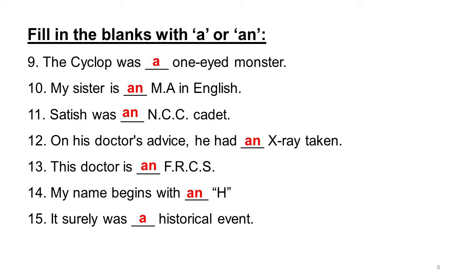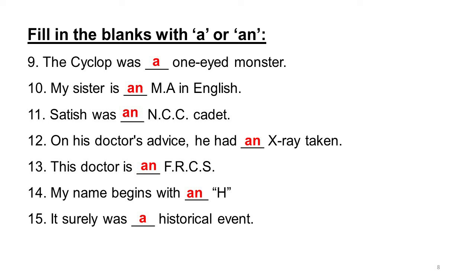But if you were to pronounce it not as an acronym but as a full word like Master of Art, then you would be saying master, which begins with the consonant sound ma. Then you will say a Master of Art in English. But if you're going to use those letters as the name of the degree, then you will say an MA in English.